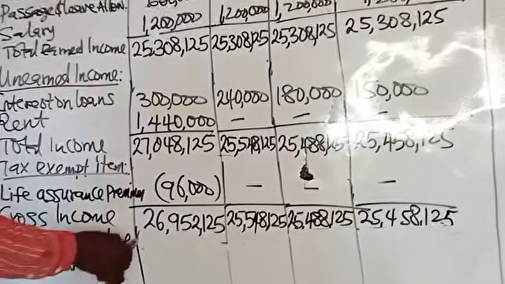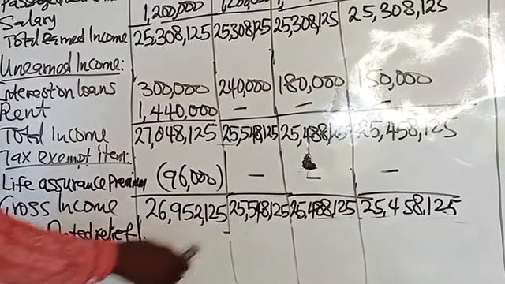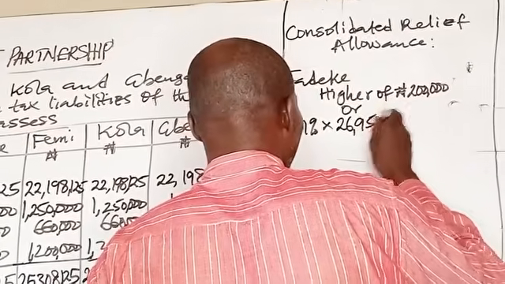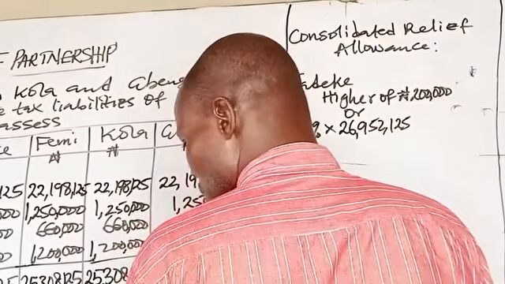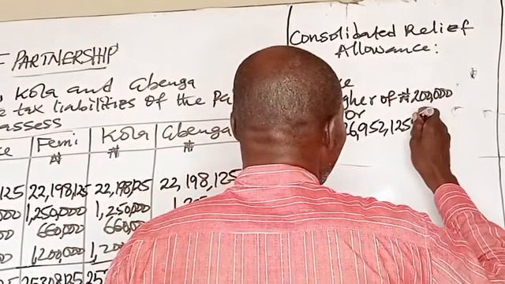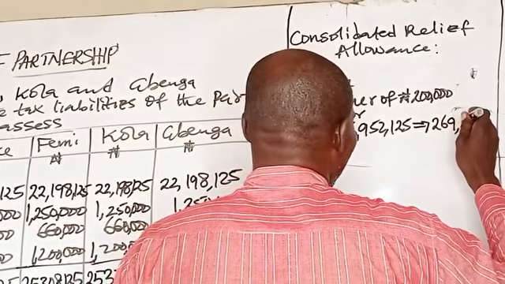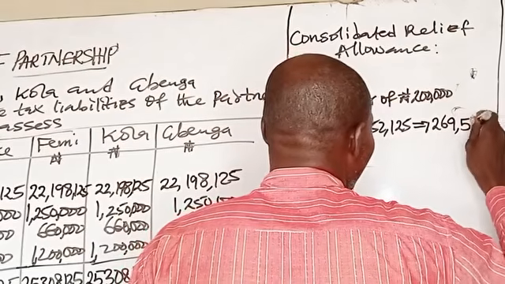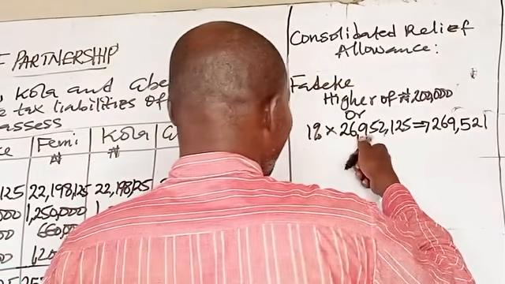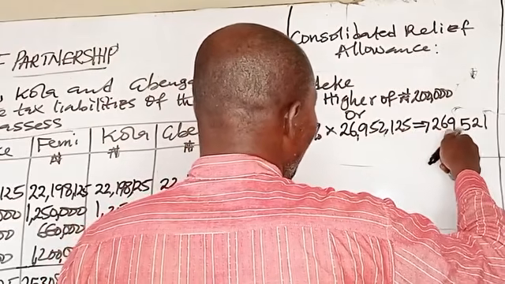The gross income of Fadeke is 26,952,125. 1% of that will be 269,521.25, approximately equal to 269,521.